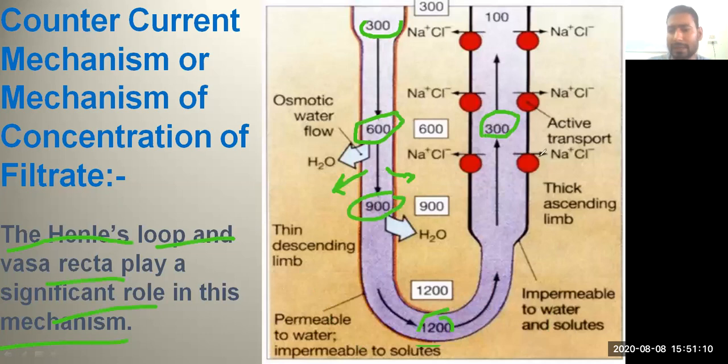Because the ascending limb is permeable to sodium chloride, NaCl molecules, which are actively transported into the interstitial fluid. That's why the concentration continues decreasing, because sodium chloride moves into the interstitial fluid. This limb is impermeable to water.